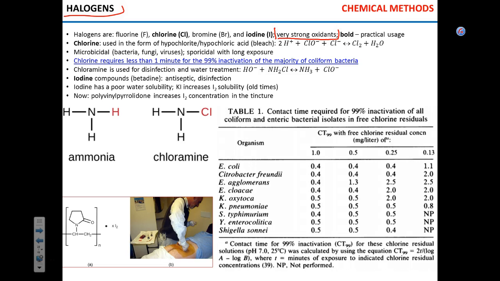Now bromine is not usable either, although interestingly enough bromine is a liquid at the room temperature. But it's very heavy and aggressive liquid that produces highly toxic vapors.